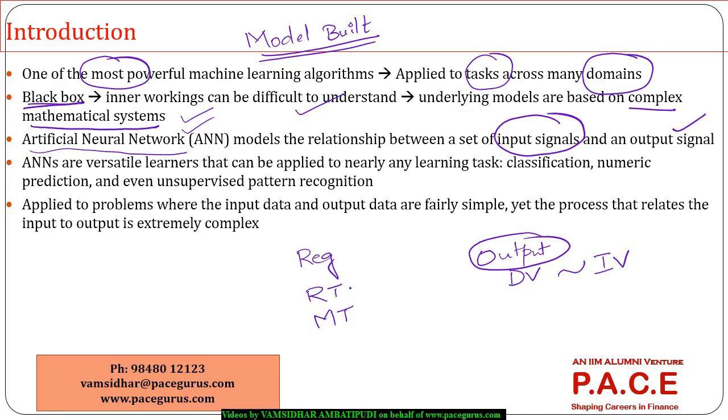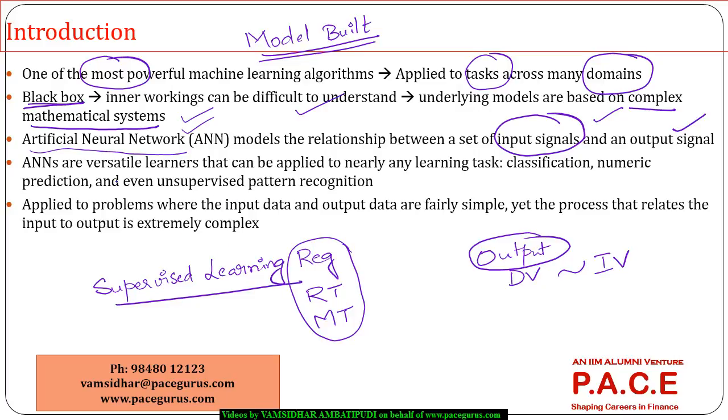Model tree is also designed for the same purpose. So you could see here, building the relationships. Even the classification models do the same. We are trying to build relationships between output and a set of inputs. So all these come under the supervised learning processes.